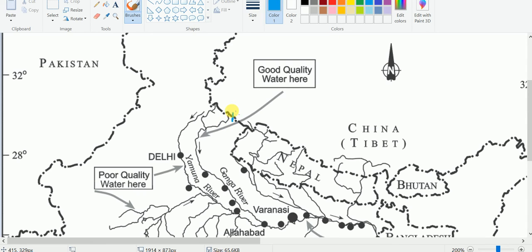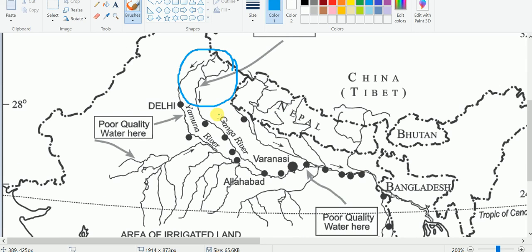In the Uttarakhand area, in the mountainous area, the quality of water is good. And when the Yamuna river and the Ganga river flow through big cities like Delhi, Agra, and then other big cities like Varanasi and Allahabad, the two rivers are polluted.